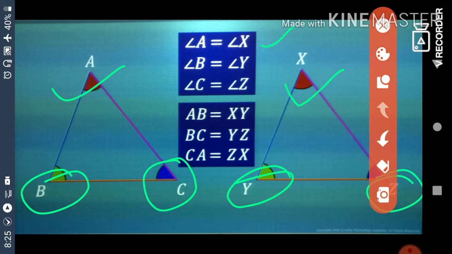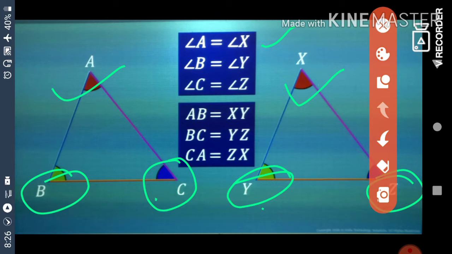It means the three angles of one triangle are exactly equal to the three corresponding angles of the other triangle. Upper one equals upper one, left side angle equals left side angle, right side angle equals right side angle.